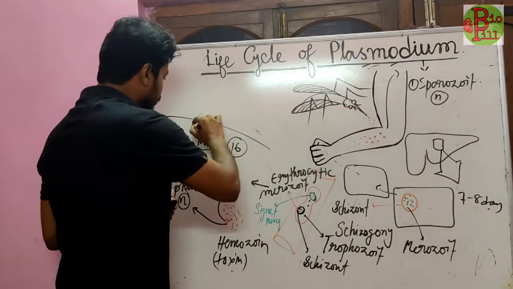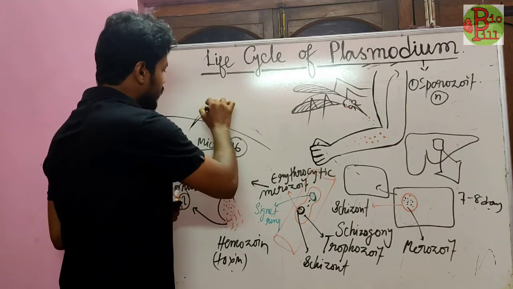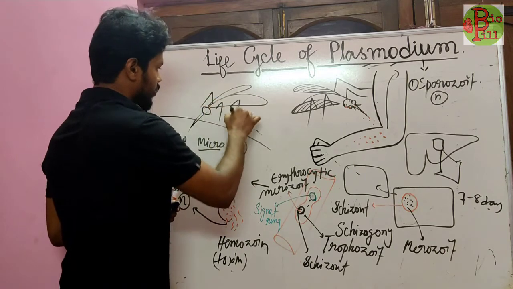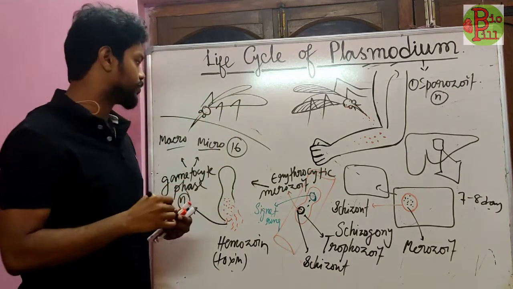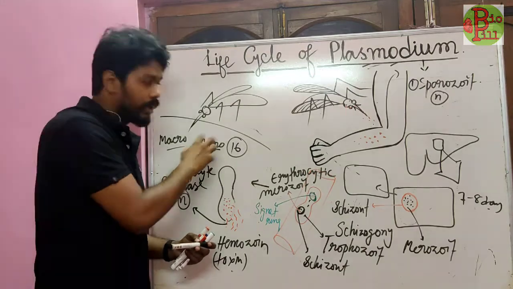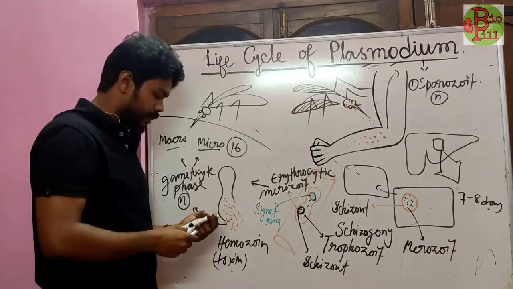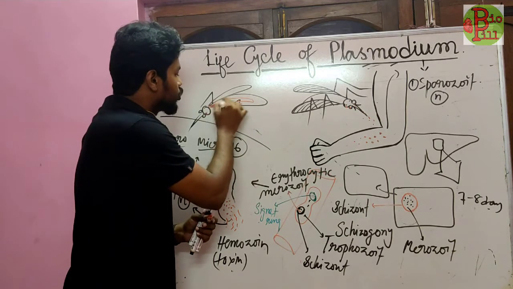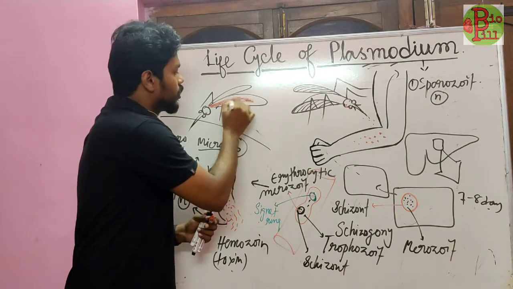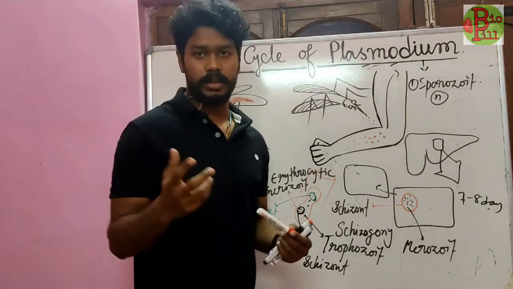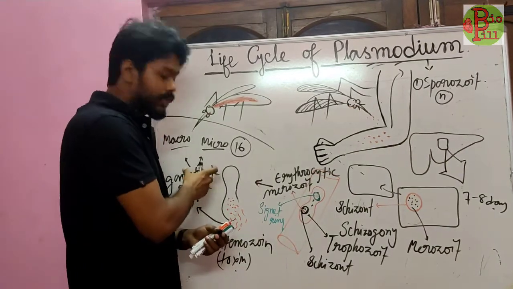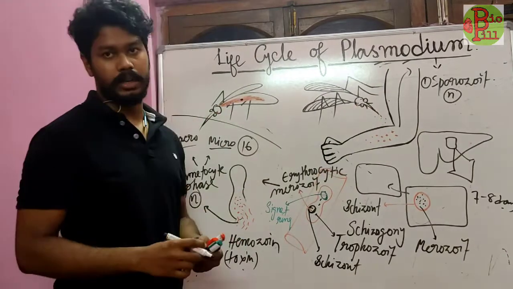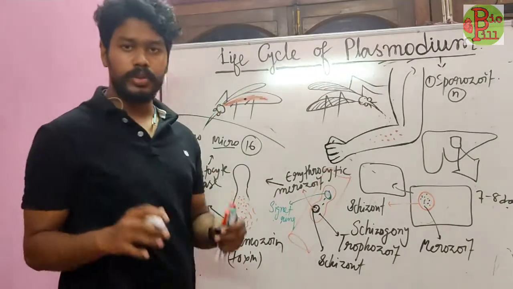Now if the mosquito bites this person, the gametocyte phase will come from this person to the mosquito's digestive system. Digestive system means actually the stomach. Now this gametocyte phase is present inside the stomach of this mosquito, and now this mosquito is affected.